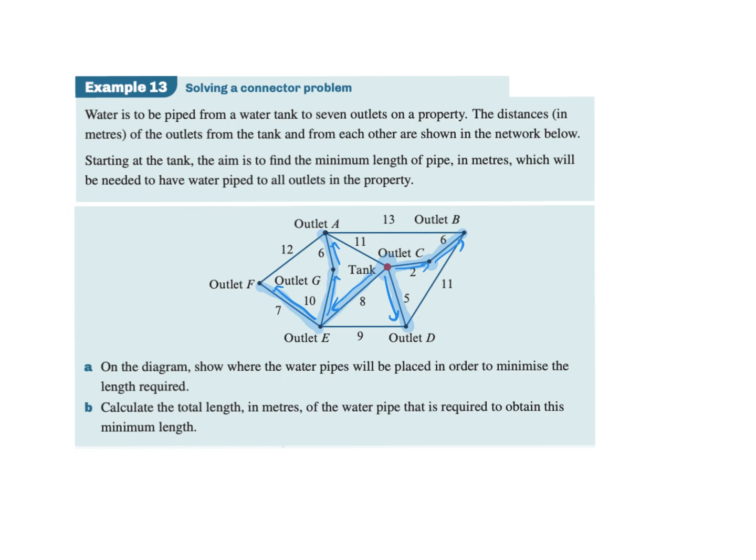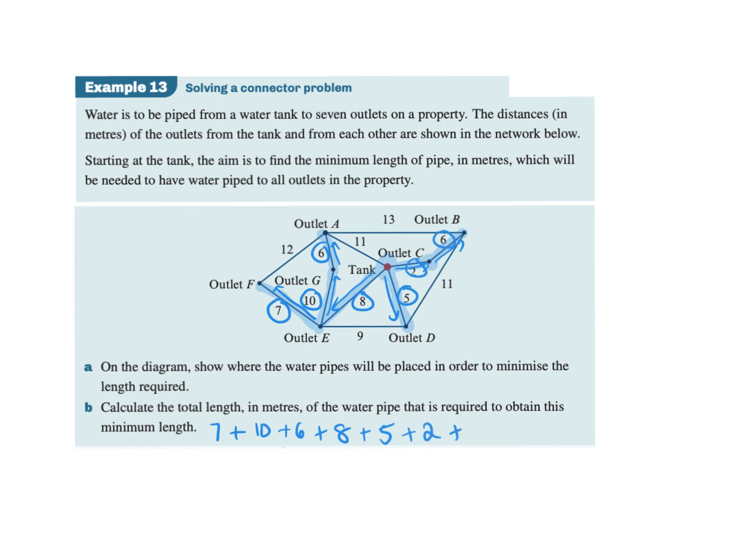And then it says calculate the length in meters of the water pipe. Now, I know it gets very jumbled, so I think you should have some type of system. So you can see my system is I'm just circling it and then writing that I've written it down. Okay, so plus 10, plus 6, plus 8, plus 5, plus 2, and plus 6.